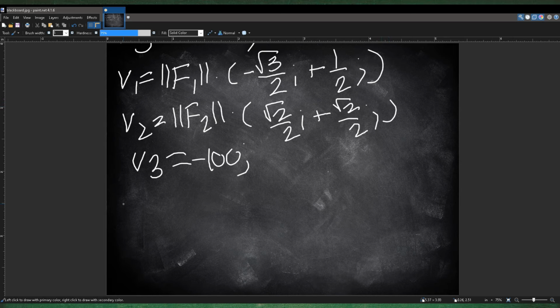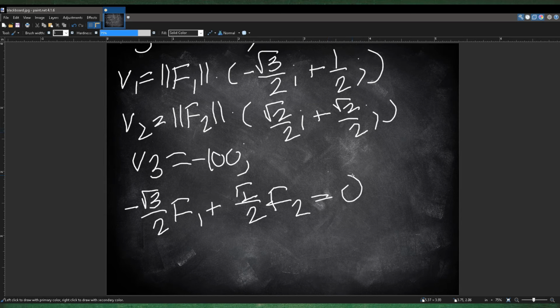So we have, I'm not going to write the i, negative square root 3 over 2 times force 1 plus the other i, which is square root 2 over 2 times force 2, because you have to distribute out the forces to the i's and j's. And that equals 0, because those are the i's.